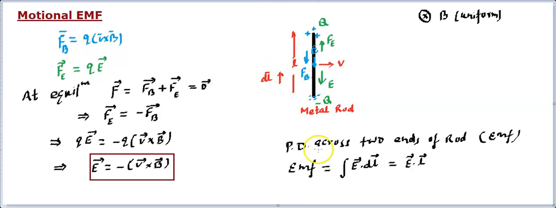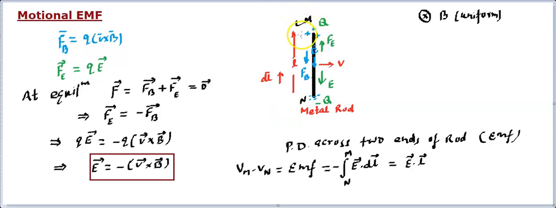Now if you remember, EMF used to have a minus sign as well. So minus, from starting point to ending point. Let's say this point we name as the M point, and this point we name as the N point. So we are integrating from the N point to the M point. Are you getting this? So this is basically Vm, the potential of M minus the potential of N. That's a potential difference.